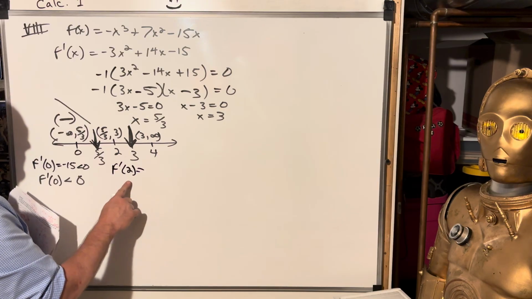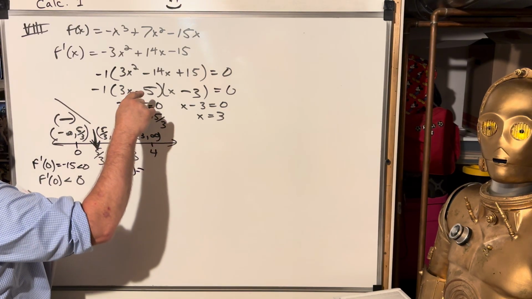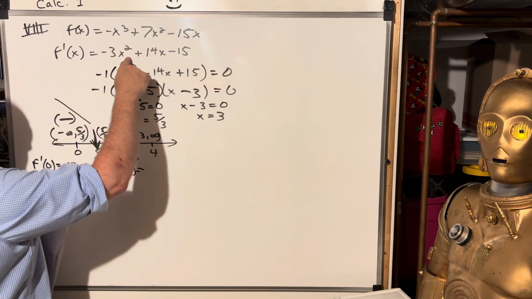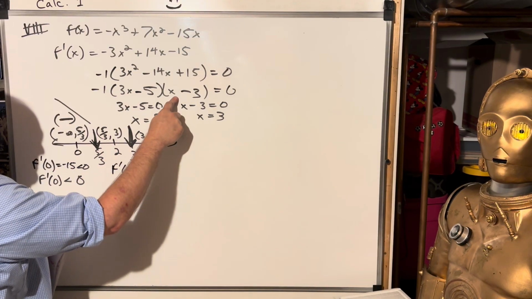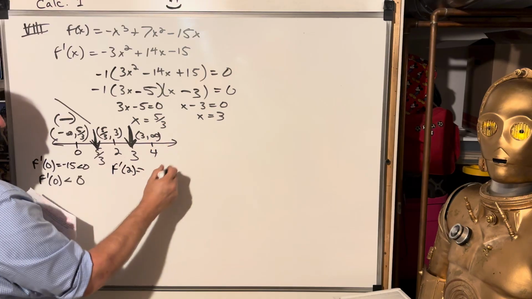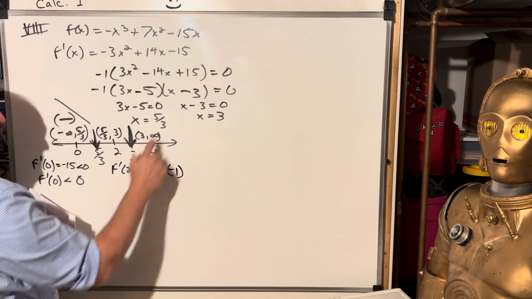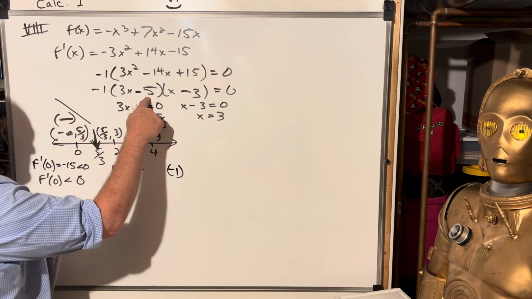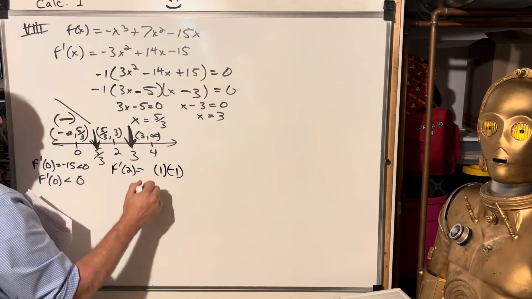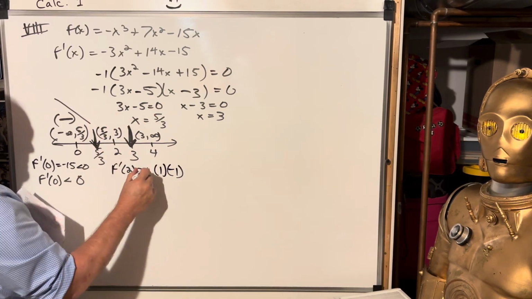So here's what I was getting at before. Instead of going back to this and putting in a 2 and squaring it and everything, go to the factored form. Because now look, this is -1. 2 minus 3 is -1. 6 minus 5 is +1. And the negative 1 is there.